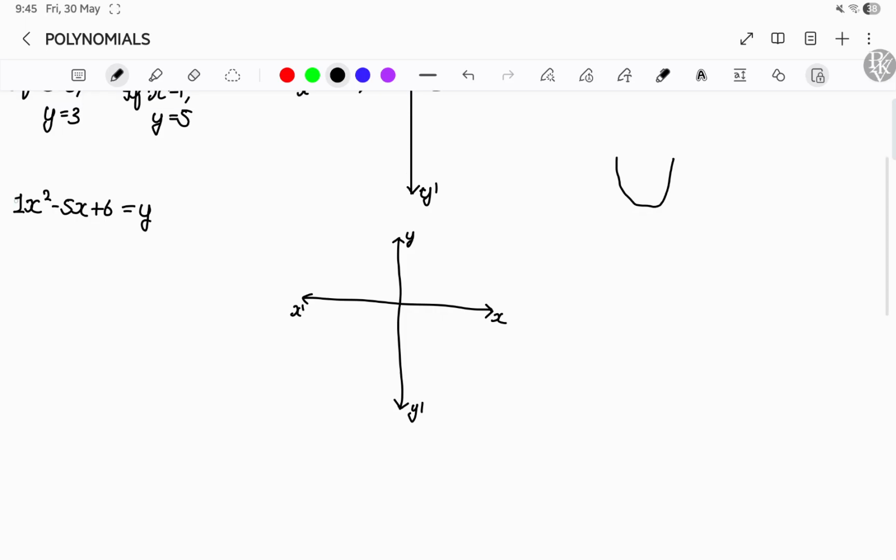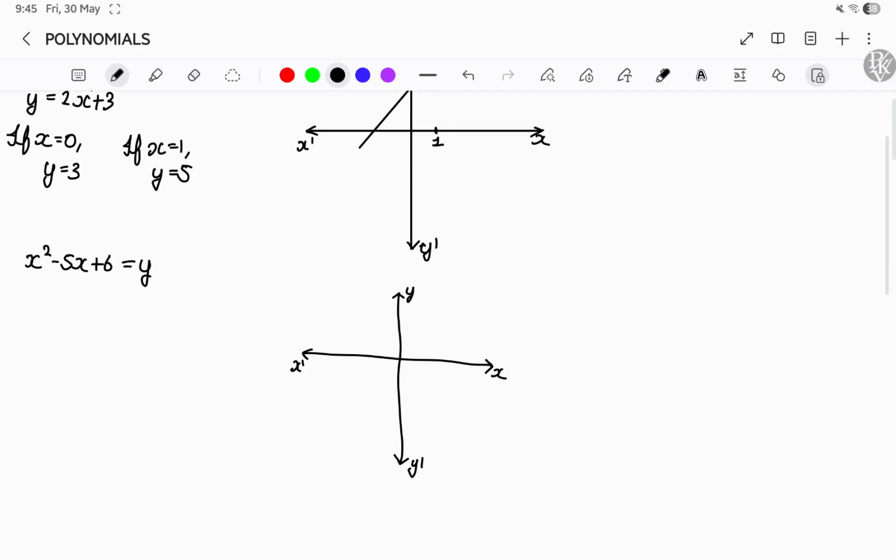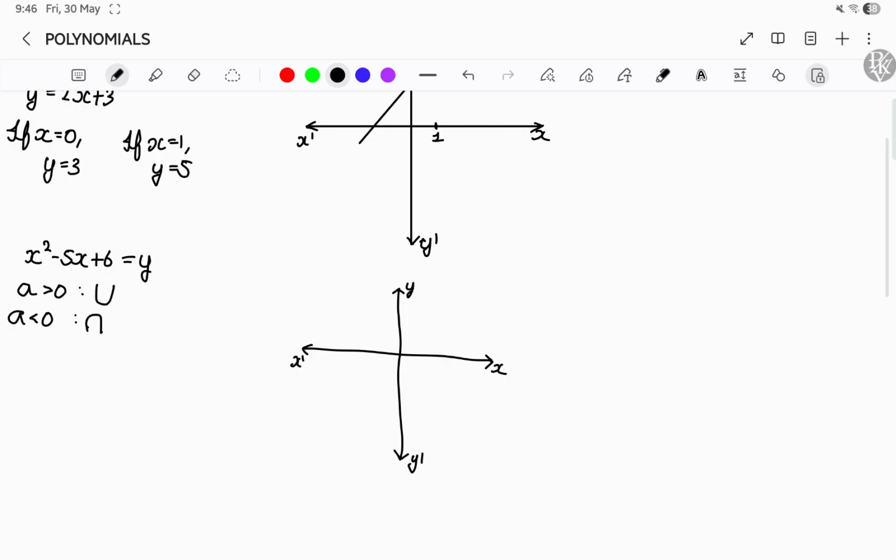If it is negative, the parabola will be like this. Now here's the question, what exactly are the roots? Before I continue, if a is greater than 0, that is if it is positive, the parabola looks like this. If a is less than 0, the parabola looks like this.